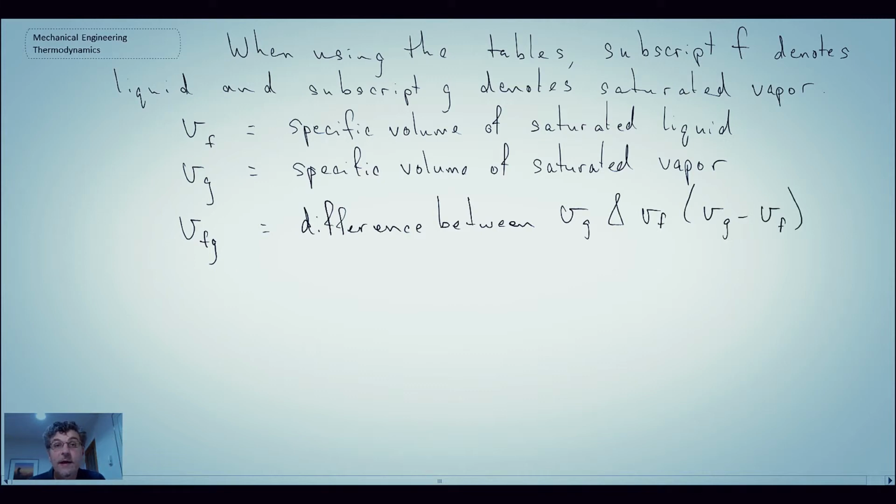We'll use that in calculating the properties of mixtures that are in the middle of the two-phase region. When you're performing calculations in the two-phase region where you have a mixture of vapor and liquid, we need a way to determine the properties, because we're not at the saturated liquid point, nor at the saturated vapor. We're somewhere in between those two.